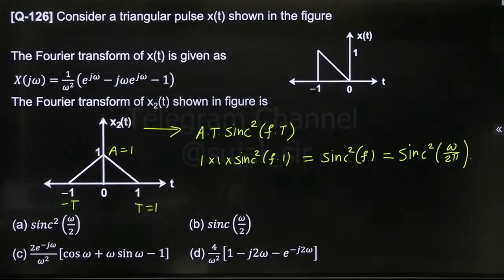Okay, but here see omega by 2 pi. So sinc square, see this is omega by 2, guys. Here this is omega by 2. So here option A should not be the correct answer. The answer should be sinc square omega by 2 pi.